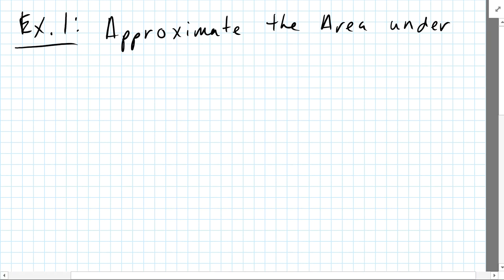Okay, I want to approximate the area under f of x. I can't write and talk. I can't do story time and talk. Y'all can't either. I mean, in math. All right, here we go. We're going to approximate the area under that curve over the interval from 0 to 2.